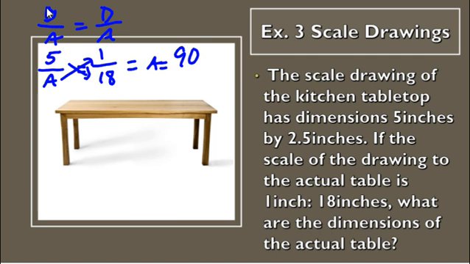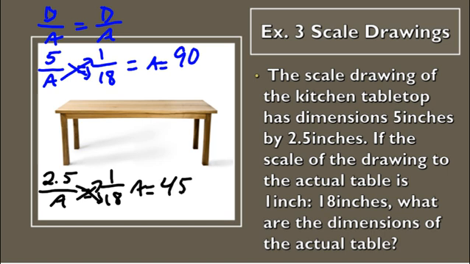And then the other one, we would use 2.5 over the actual, it's the same as 1 over 18. Cross multiply, A would equal 2.5 times 18 is 45. So we would say the length is 90 inches and the width is 45 inches. Those would be the dimensions of the actual table.